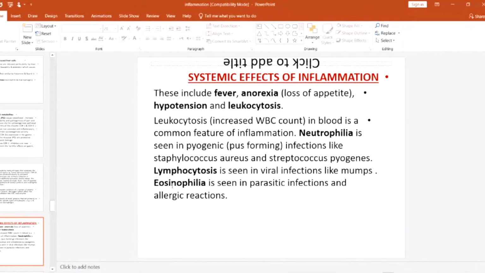Eosinophilia, an increase in eosinophils in parasitic infection or allergic reaction.